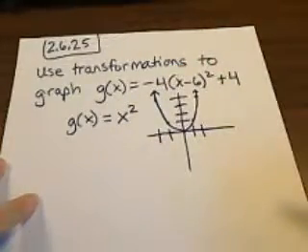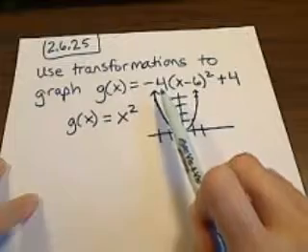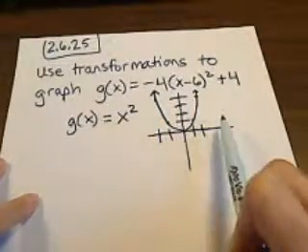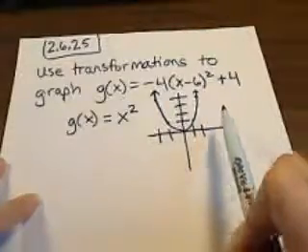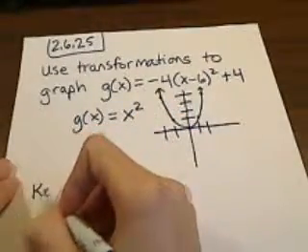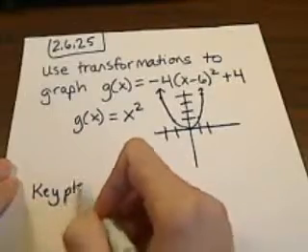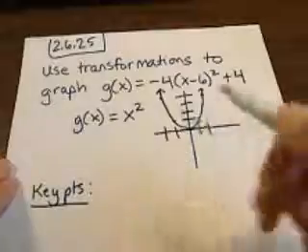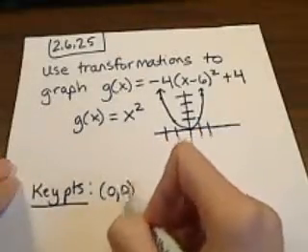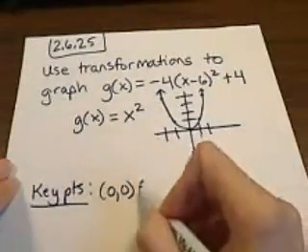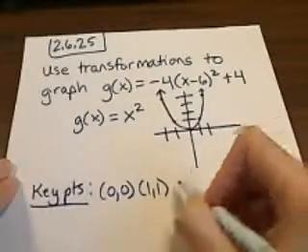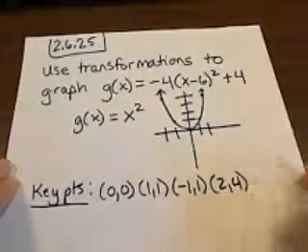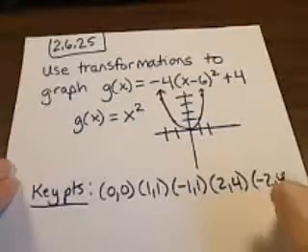And what we're trying to do is say how is this -4, this -6, and this +4 going to move it around the graph. So the basic points, and I call these key points, that we're working with on this basic function, x squared, are: we have the point 0, 0, the point 1, 1, the point -1, 1, the point 2, 4, and then the point -2, 4.